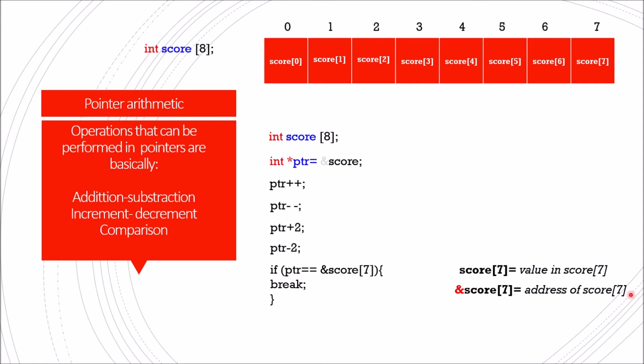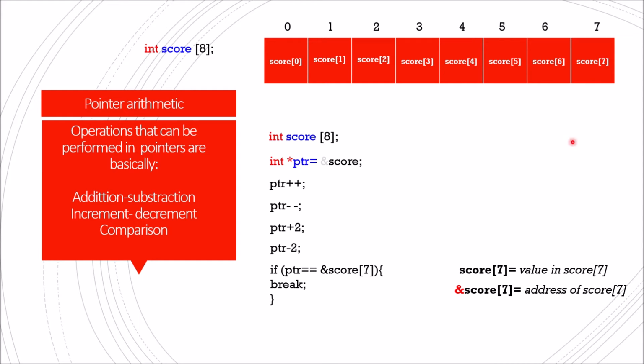Now let's review this next expression. Score, when you have the name of your array and this index in square brackets, it means the value stored in this position. So score and this index 7 means the value that is stored here.